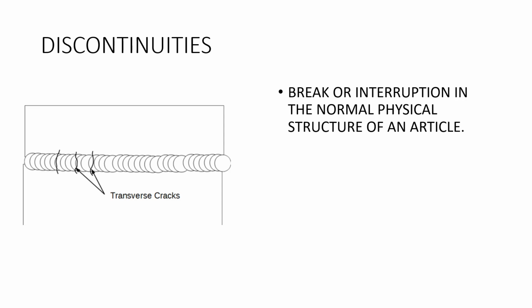It just means it's a discontinuity. It means the normal physical structure is not there. So we're going to have to look at it and compare it to something. There's got to be some kind of criteria that we can use to decide if this is indeed a flaw that needs to be repaired. Is it a defect, or is it just an aberration, a break in the interruption of the normal physical structure, a discontinuity?